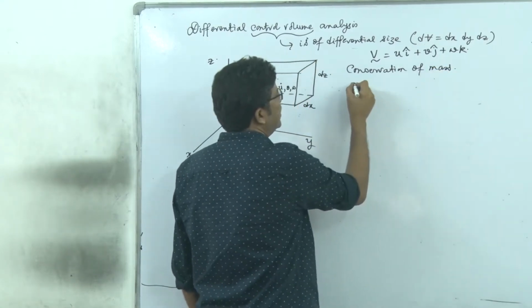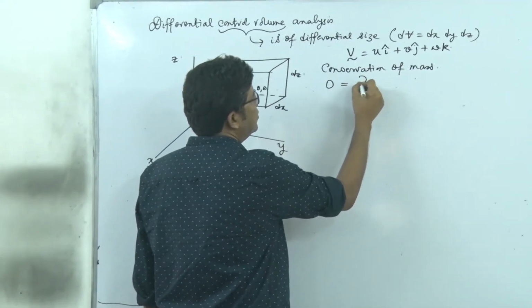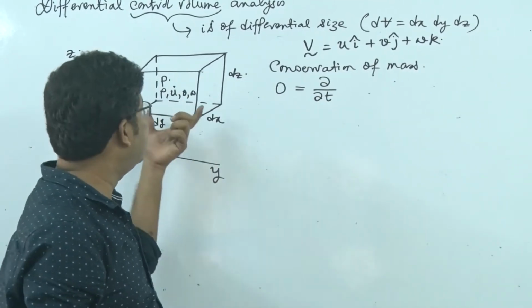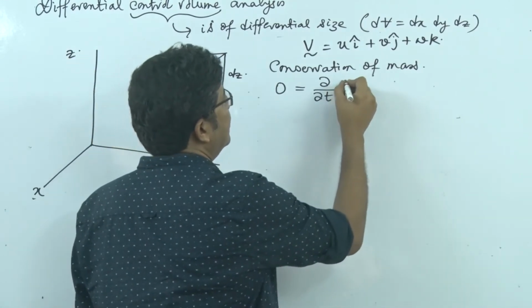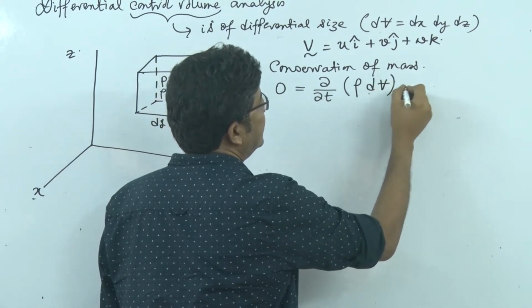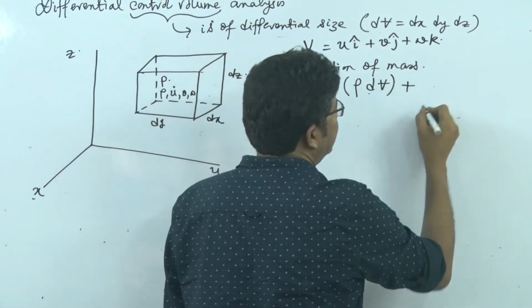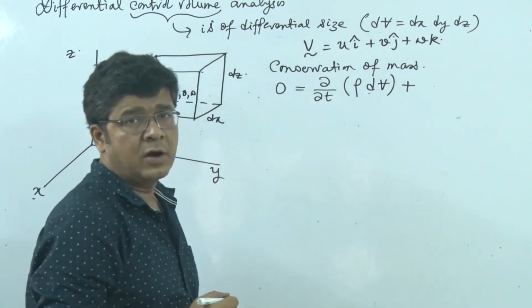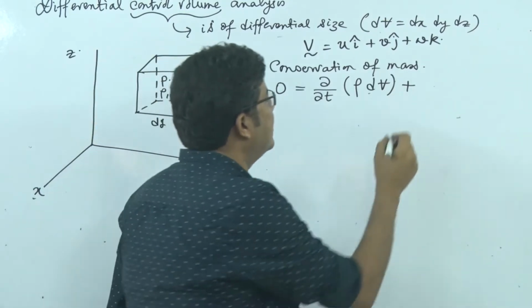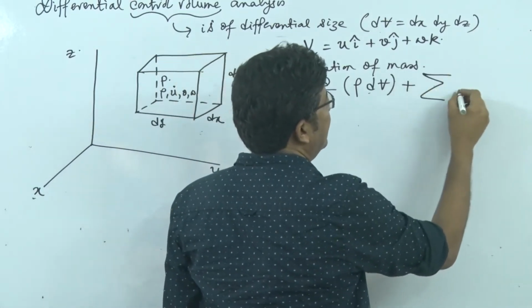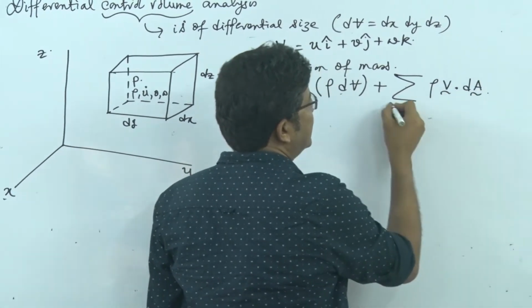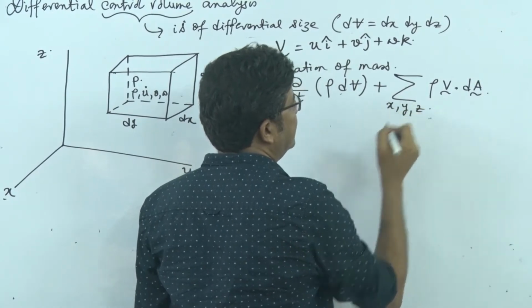So essentially we will get 0 equal to del del t of rho dV plus the surface term. Here we don't have to put the integral because the size itself is differential. Instead of the closed surface integral over the control surface, we write the summation of the term rho V dot dA over the three pairs of faces x, y and z.